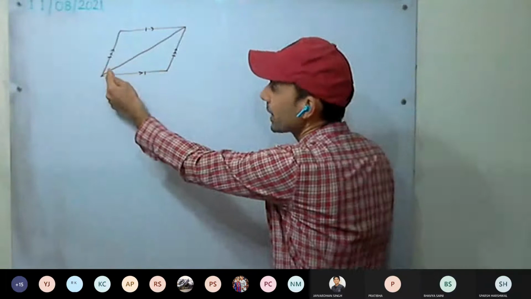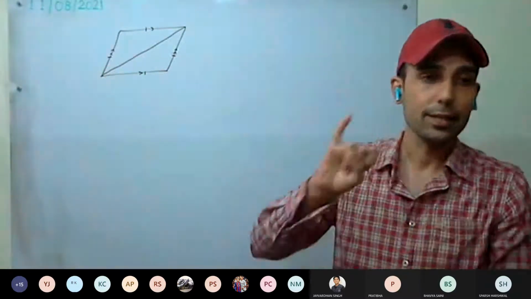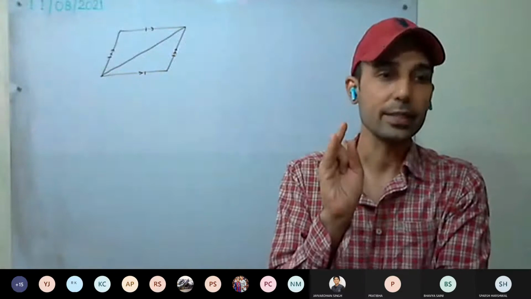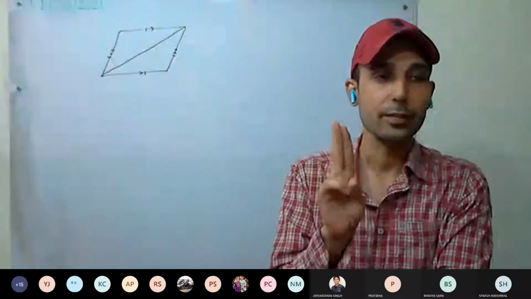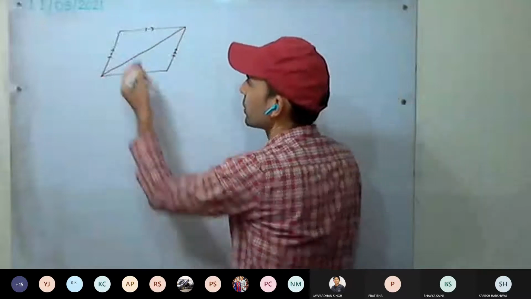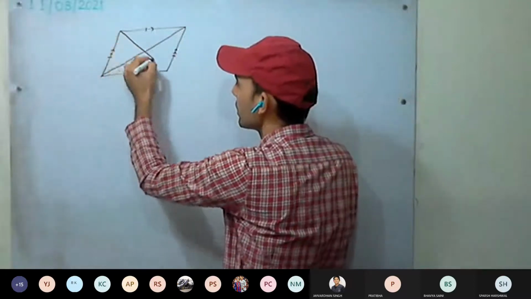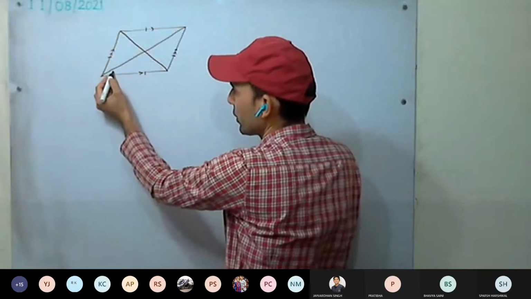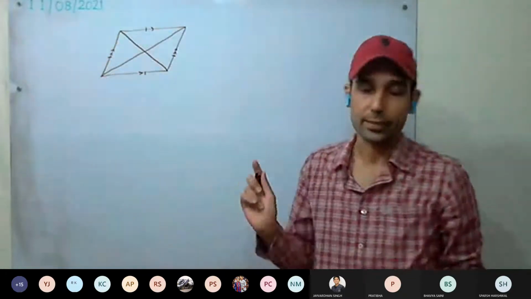So diagonals bisect the angles. Only in a parallelogram, they do not bisect the angles. In a rectangle, they do not bisect the angles. In a square and rhombus, diagonals bisect the angles. So this angle will be equal to this angle. Diagonals bisect the angles.